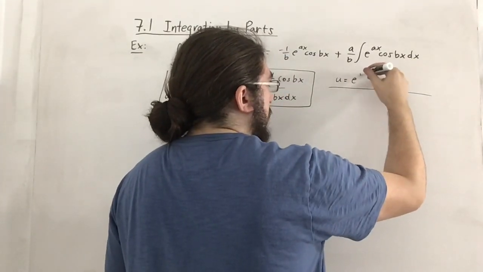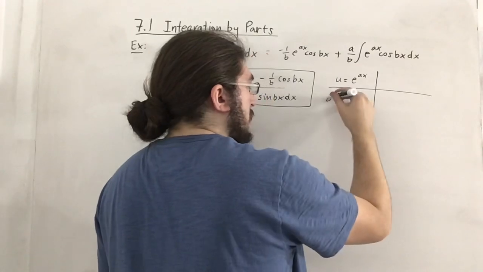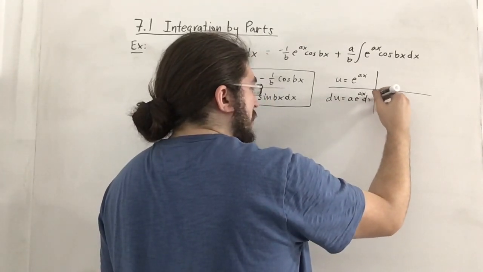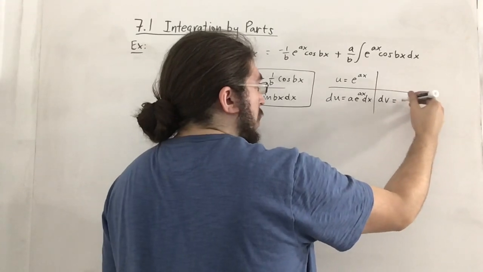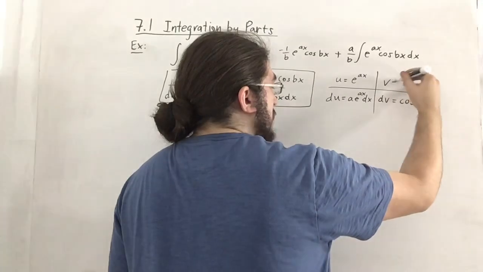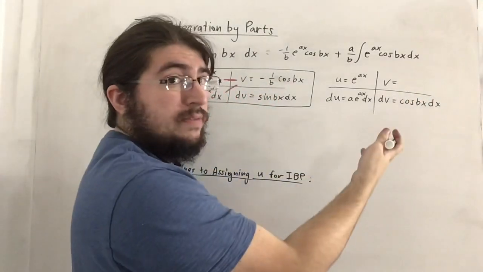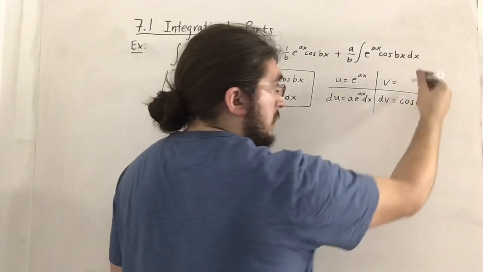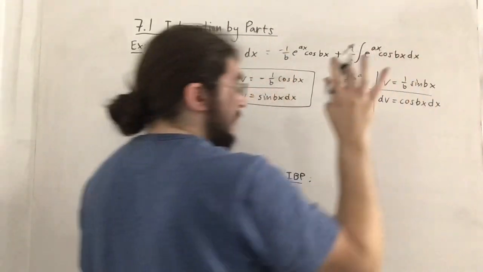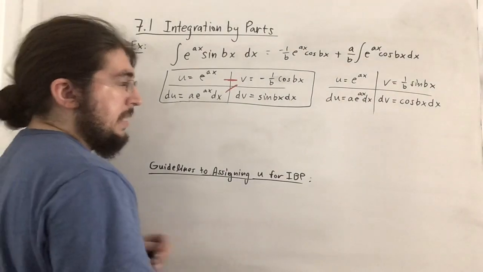So u is again e to the ax, so du will of course be a e to the ax dx. dv then will be cosine of bx dx. So v is the antiderivative of cosine, which is positive sine, divided by b because it's of bx. Perfect. You lose the dx when you take the antiderivative.